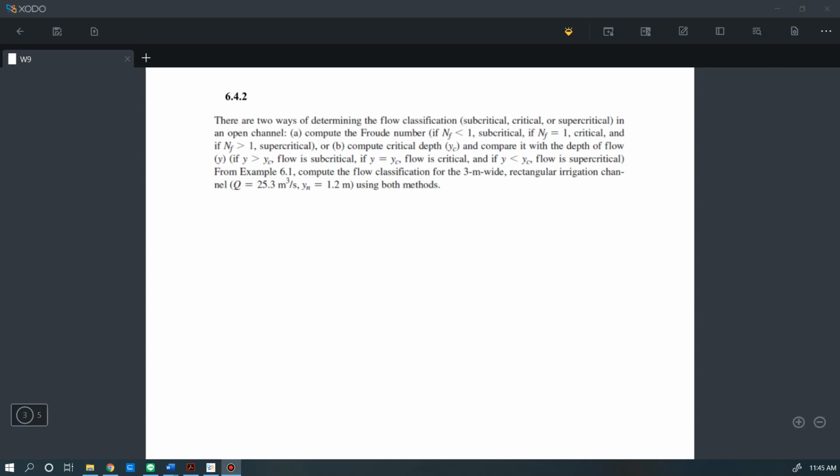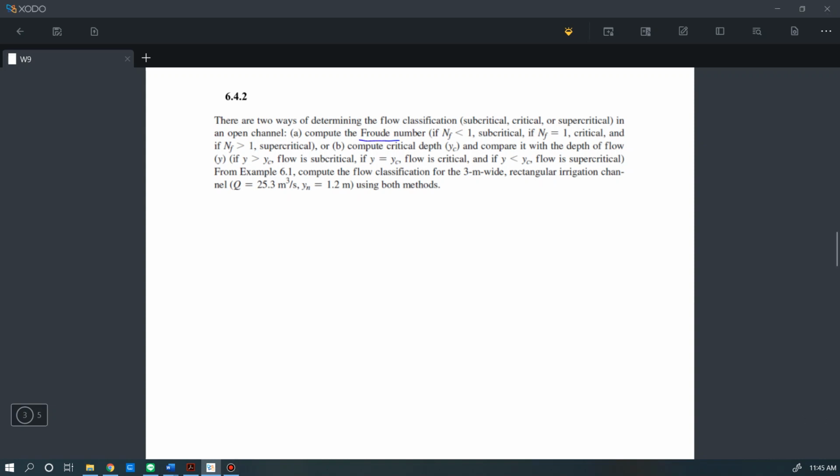Okay, so now let's look at problem 6.4.2. In this problem, we want to determine whether the flow is subcritical, critical, or supercritical using two different methods.